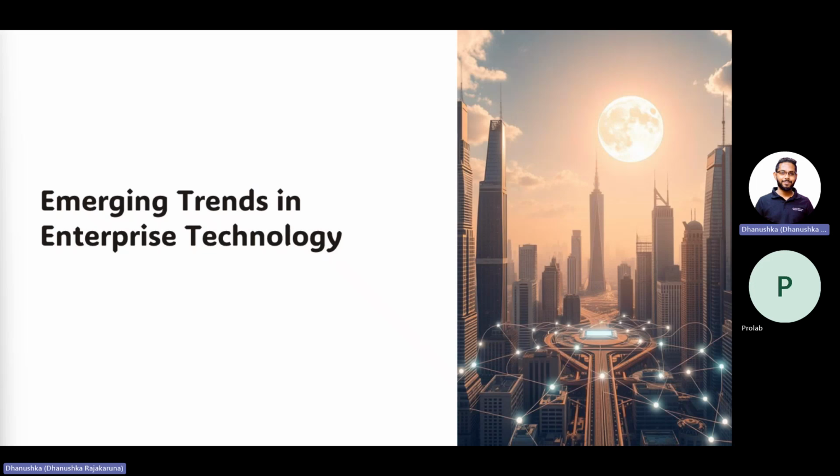Like AI, machine learning, cloud computing, cybersecurity innovations, Internet of Things, industrial IoT, then quantum computing, 5G and beyond, sustainability and green IT, blockchain, Web3 technologies, then remote work and collaboration tools, data privacy and governance, low-code and no-code platforms, and generative AI, like ChatGPT, Copilot, likewise things.